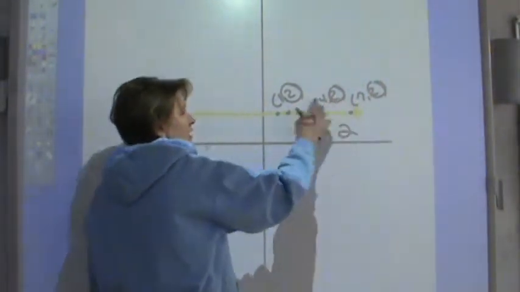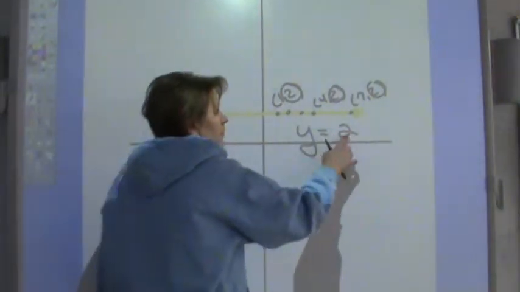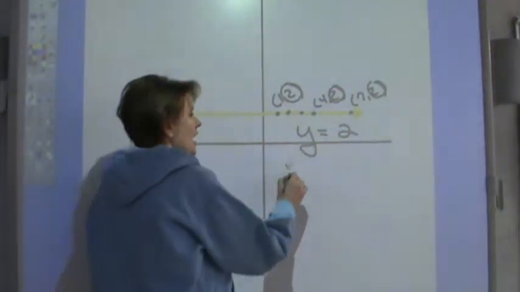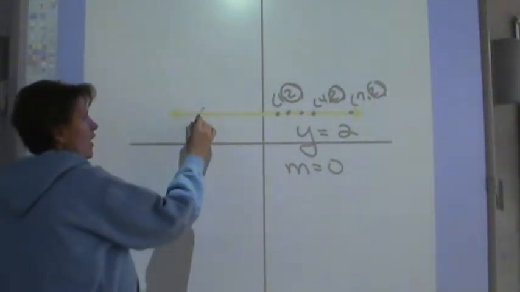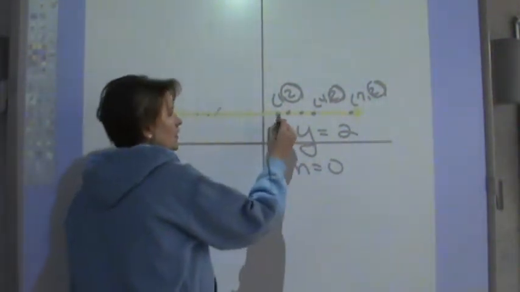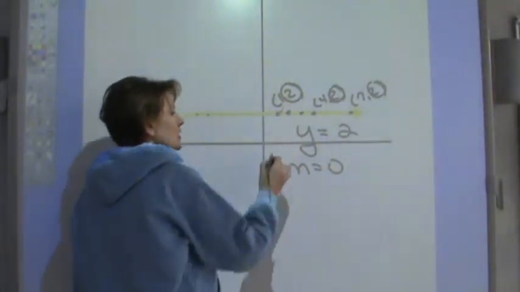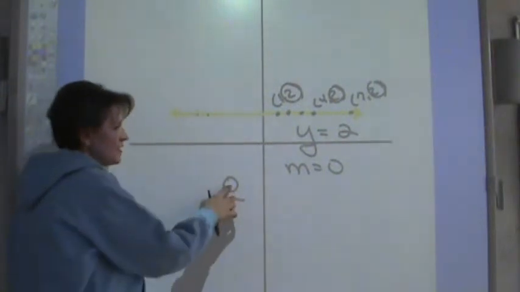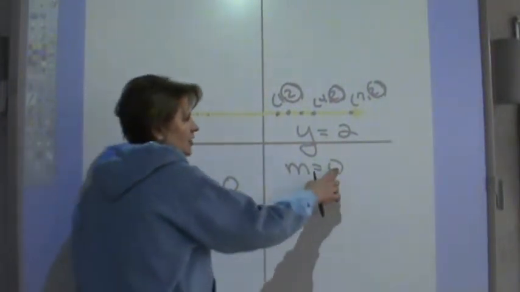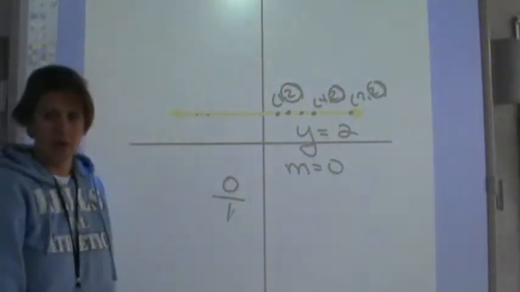Every point on that line is going to have y equal to 2. And if you want to think about your slope, why is it 0? Well, if I count rise over run from here to here, I'm going up 0 and over 1 or 2 or 3 or whatever. Well, 0 divided by anything is still going to be 0. That's why my slope is 0.